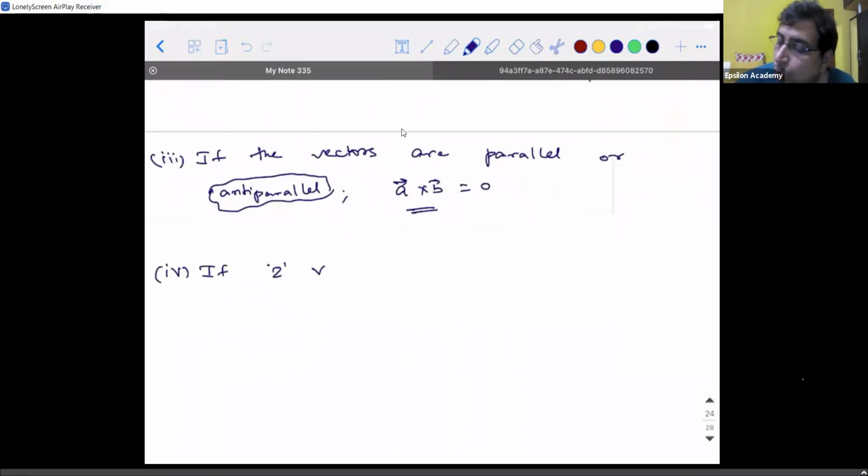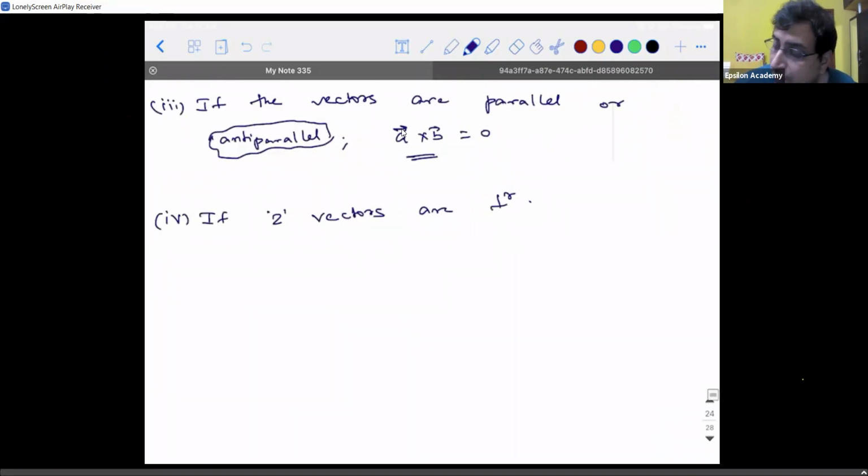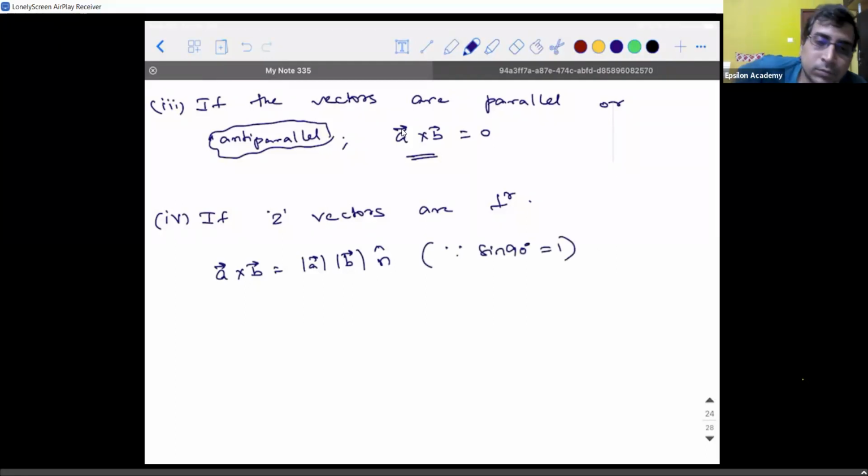If two vectors are perpendicular, what can you say, guys? A vector cross B vector will be equal to magnitude of A vector into magnitude of B vector times n cap. Why did I write n cap? Since sine 90 degrees is equal to 1.